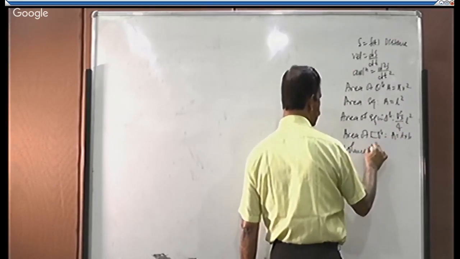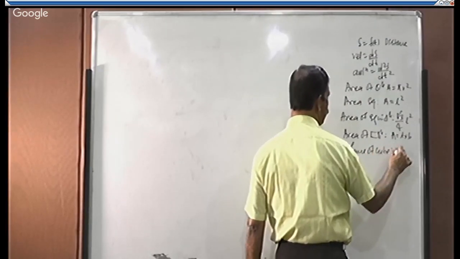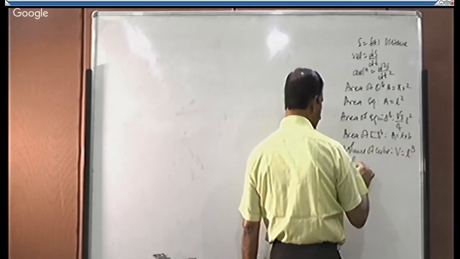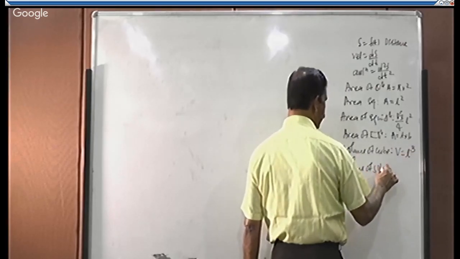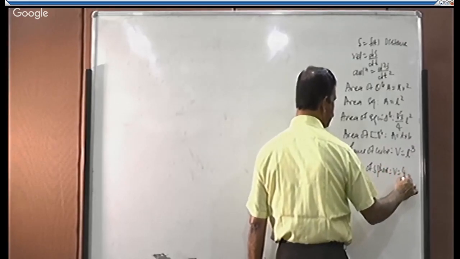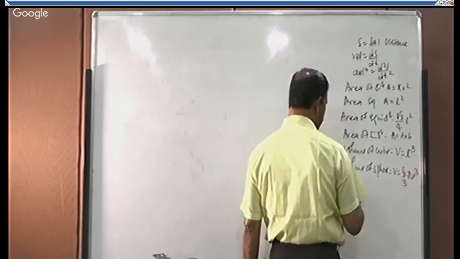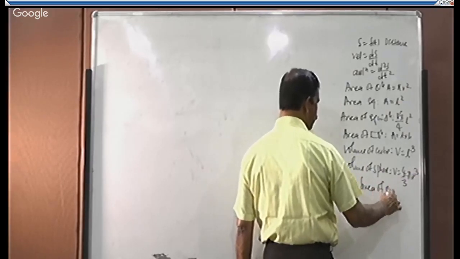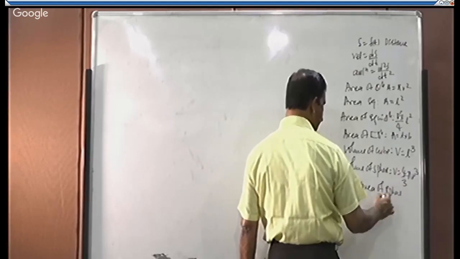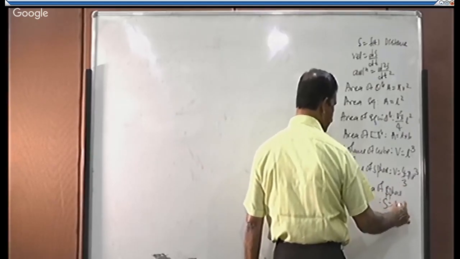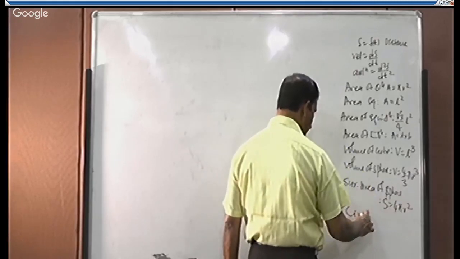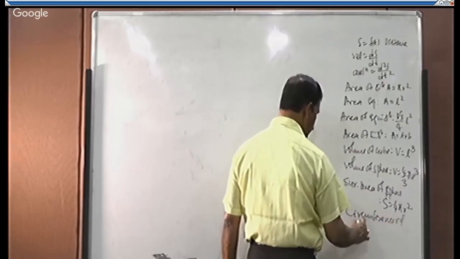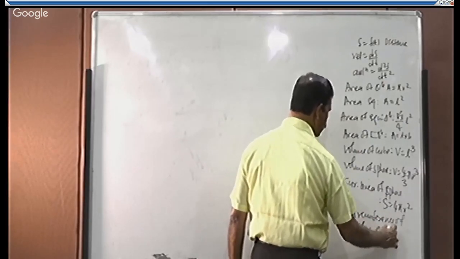Volume of cube, V is equal to L cube, where L is length of each side. Volume of sphere, V is equal to 4 by 3 pi r cube. Surface area of sphere, that is what? S is equal to 4 pi r square. If I want to take circumference of circle, that is C is equal to 2 pi r.